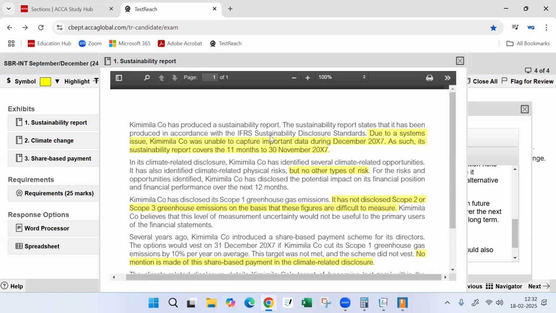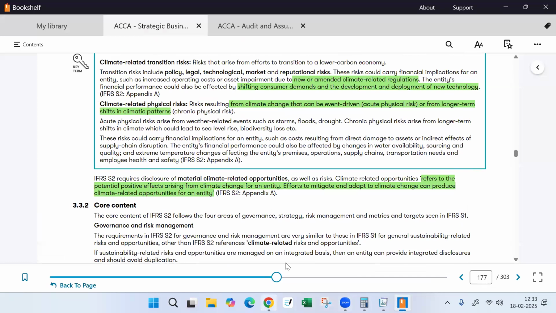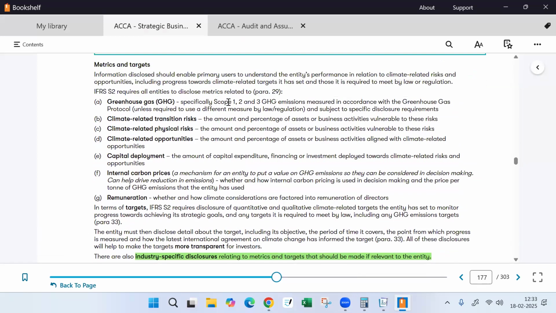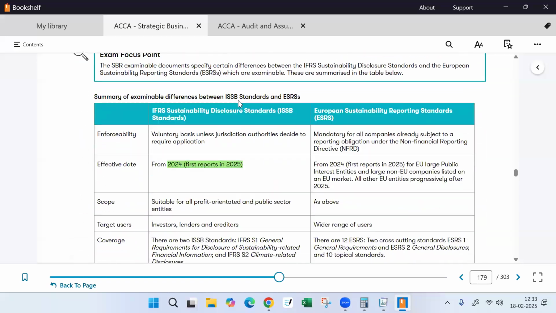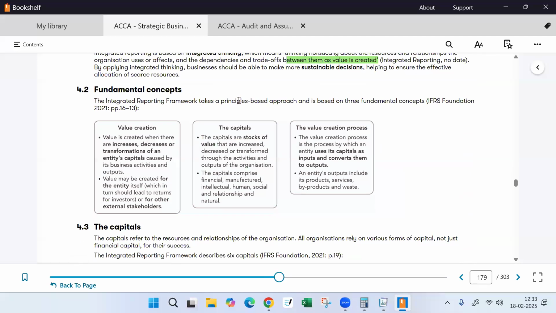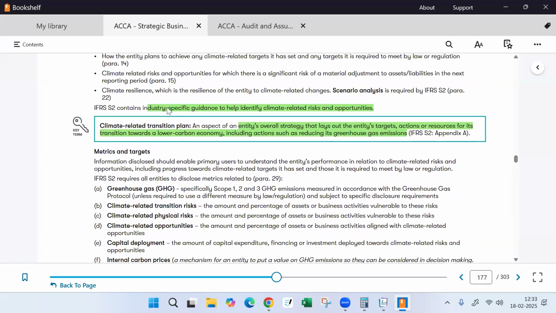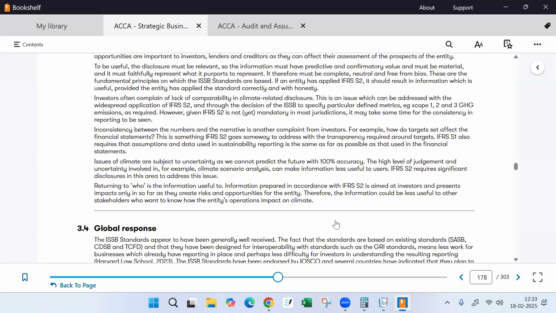Now, what is scope 1, scope 2, scope 3? Okay, specifically scope 1, 2, and 3 measured in accordance with the greenhouse protocol should be used and subject to disclosures.